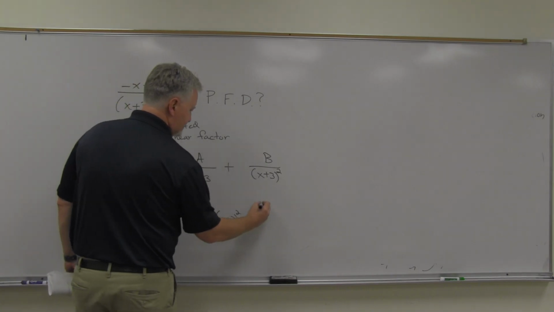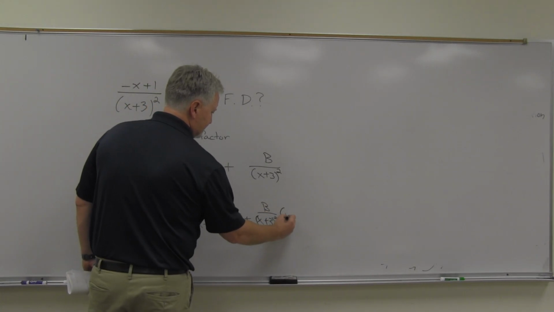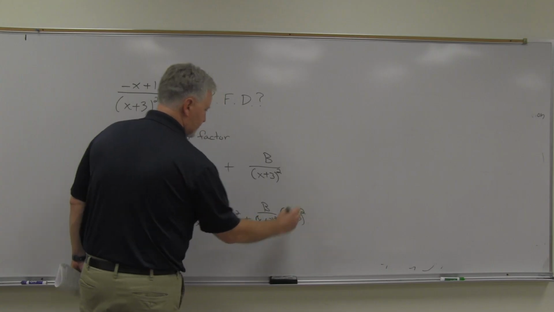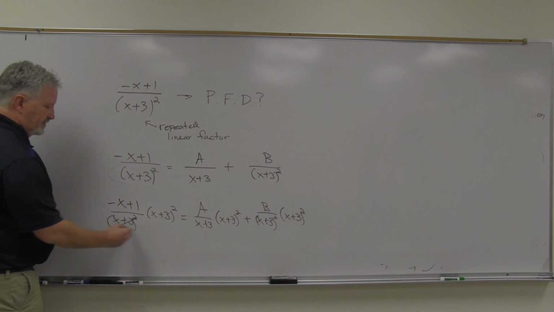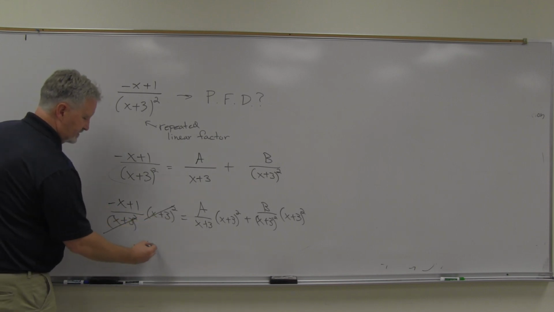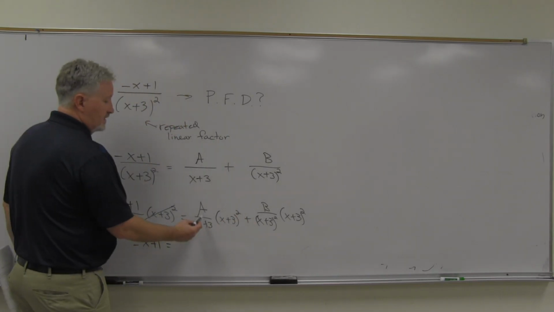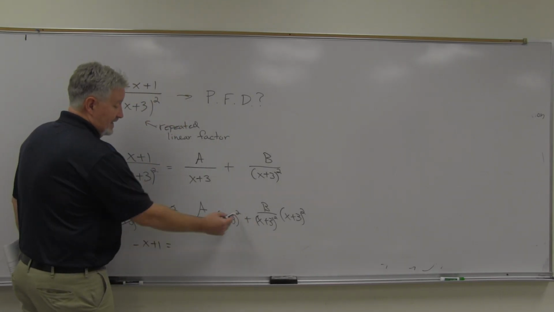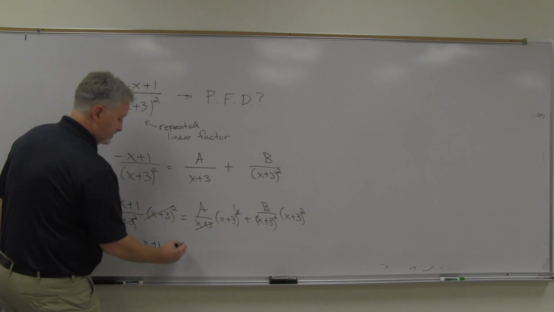And the good news is, it's going to really cancel out nicely on a couple of them. First and last one, yeah. The x plus 3 squared cancels there, so that's just x minus x plus 1 over here. Well, so A over x plus 3, an x plus 3 cancels, but that's still going to leave me an x plus 3 to the first there.